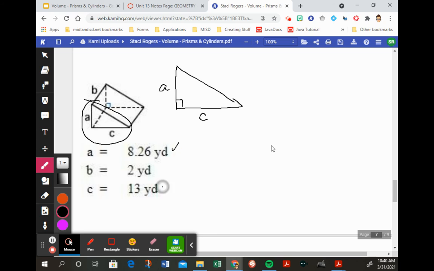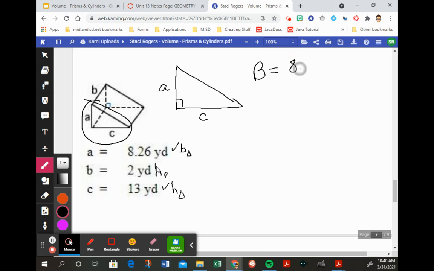A and C. Which one's my height and which one's my base? It doesn't matter because they're both touching in the right angle. So I can name this one my base and this one my height of the triangle. So that leaves the 2, the height of the prism. That's supposed to be a P.